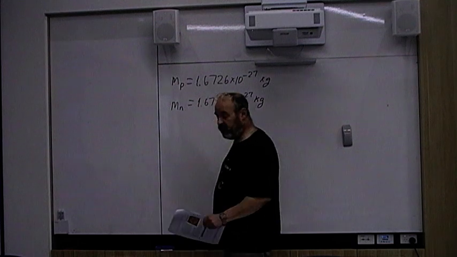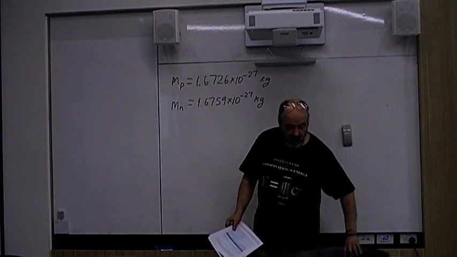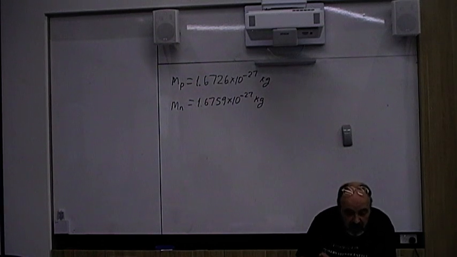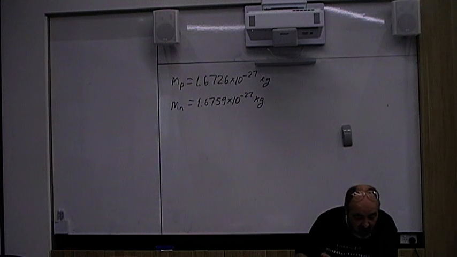And in the nucleus of helium there are 2 protons and 2 neutrons. Can you please calculate what will be the mass of 2 protons and 2 neutrons?